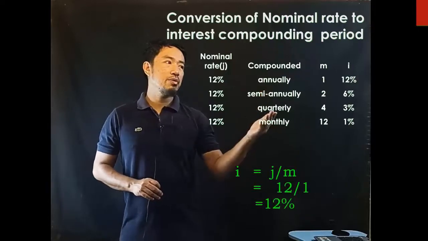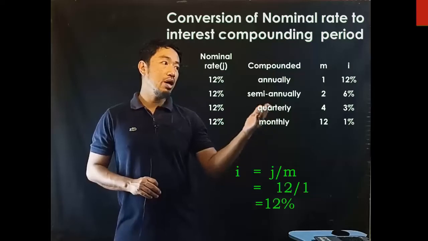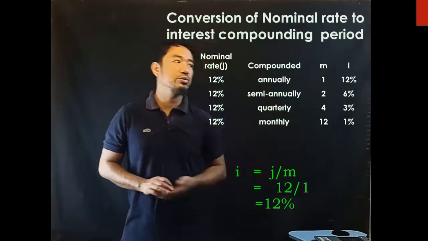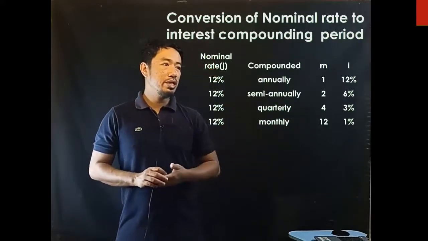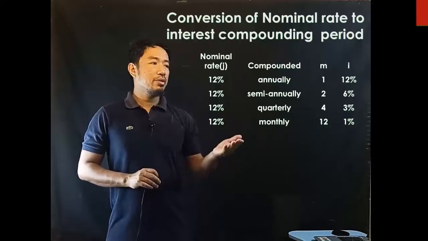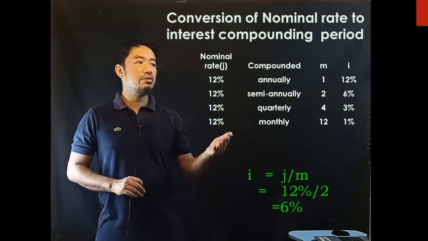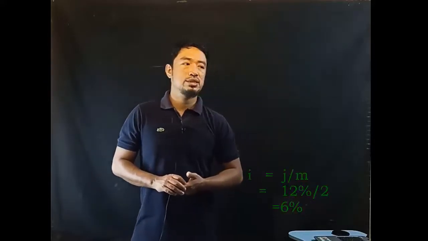So the interest per compounding period is equal to J over M or R over M, which is 12% over 1, which is equivalent to 12%. And for semi-annually, the number of compounding periods or M is equal to 2. Therefore, 12% divided by 2 is equivalent to 6%.